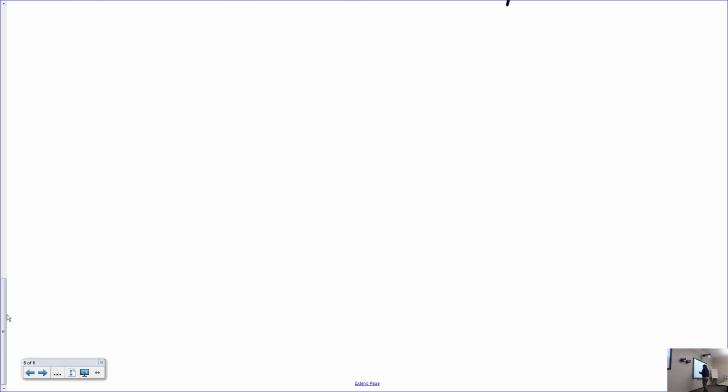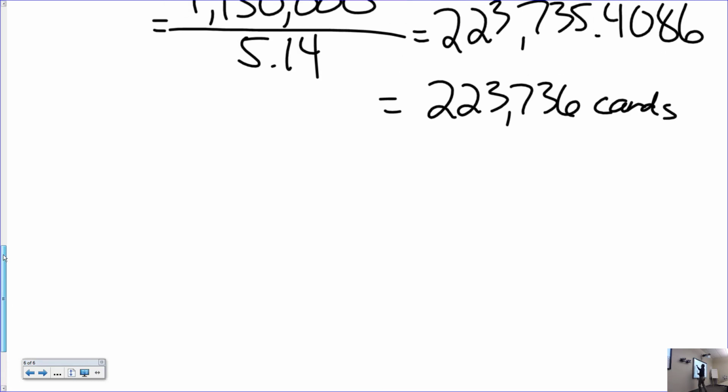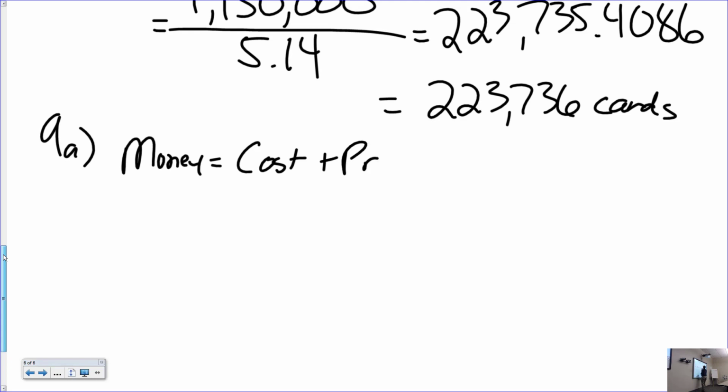If you had the spoilage question, remember that when you're doing spoilage, you're always calculating cost plus profit. The cost was $280. The profit was 225% of that.